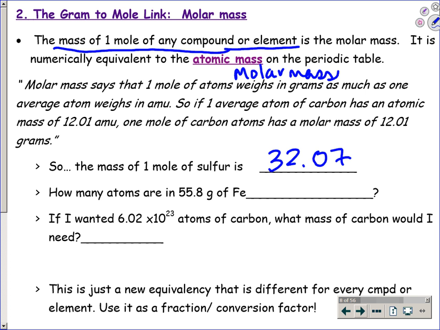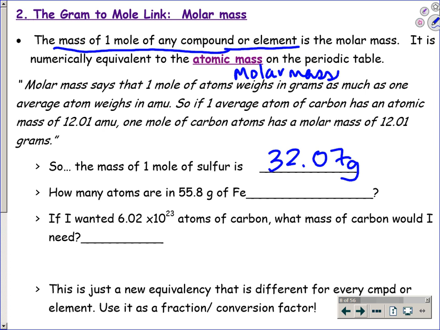We've been calling that AMU, which is atomic mass units. But atomic mass units represent mass, and we like to actually use what unit for mass? Grams, because we can literally mass things in grams, so that's our preferred unit. So there is a relationship. We're going to call out everything from here on out from the periodic table as grams. So the mass of 1 mole of sulfur is 32.07 grams.